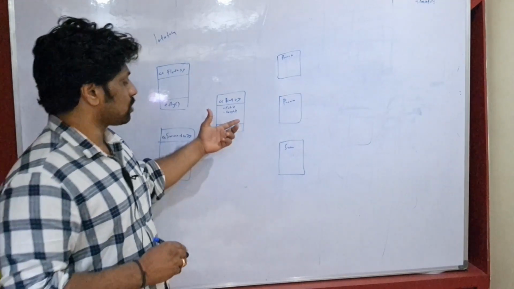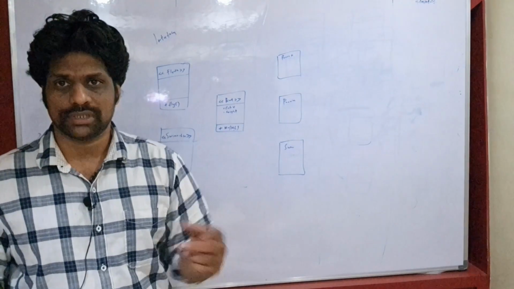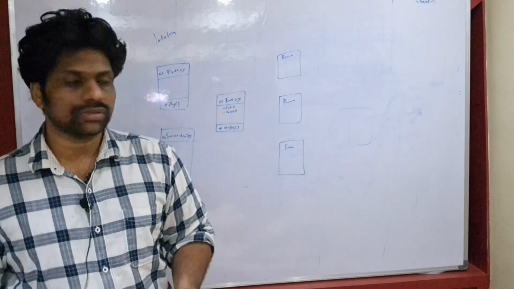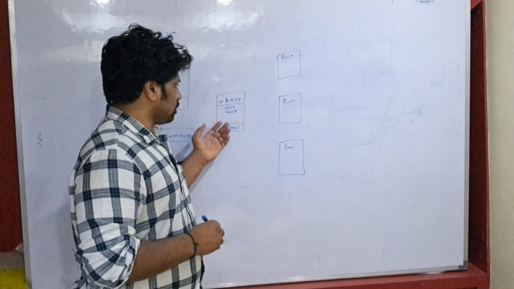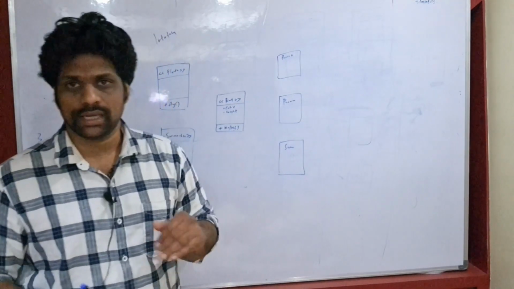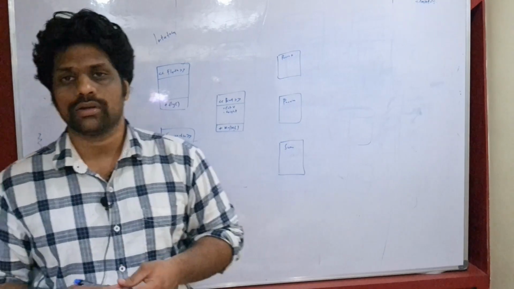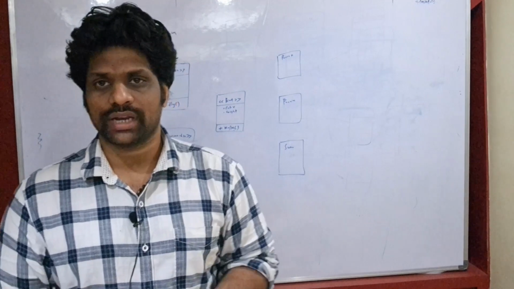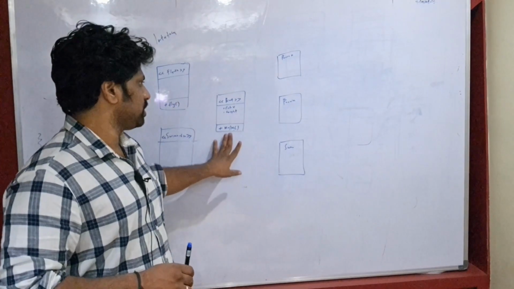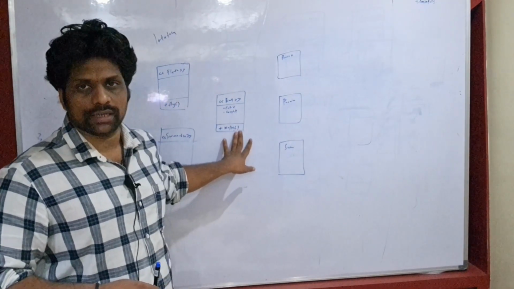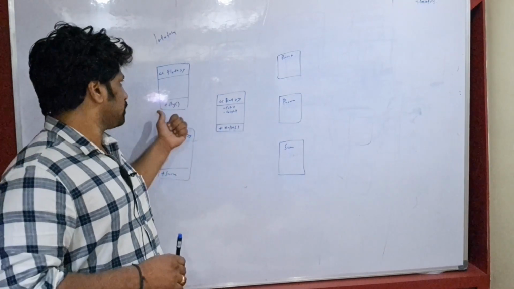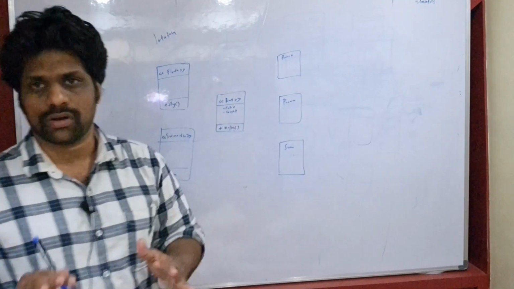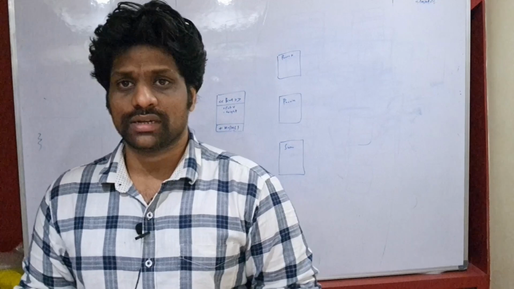So an abstract class is a combination of abstract plus non-abstract methods. You can make use of non-abstract methods as well as whichever you want to be forced in the child classes, you can define as abstract methods, because this is a partially implemented class. This flexibility you will not get with interfaces. Interfaces are only meant for defining the types.